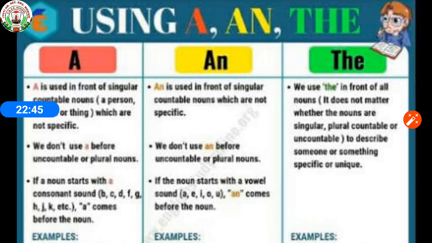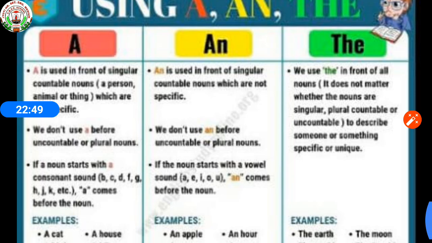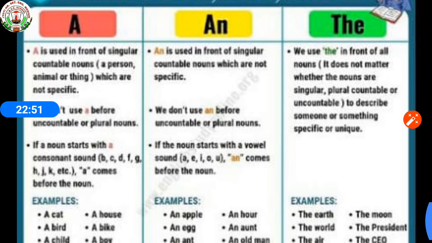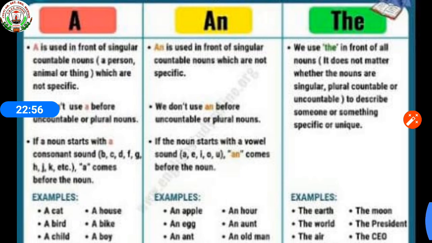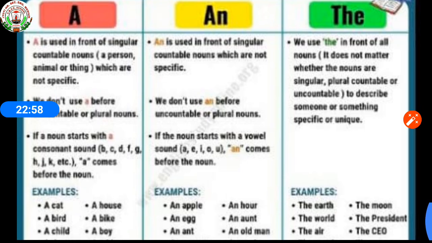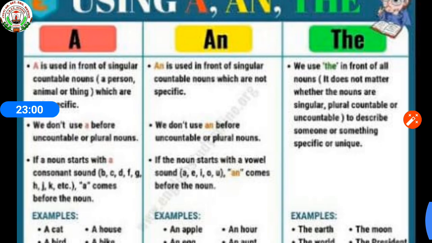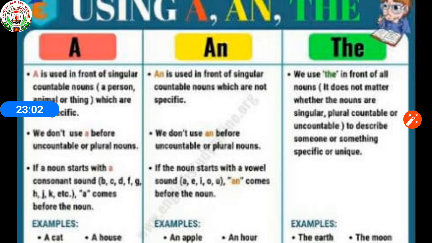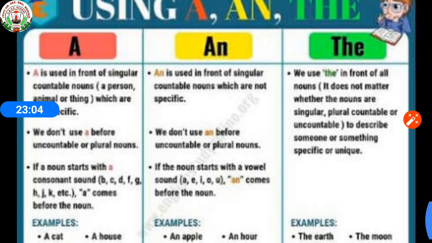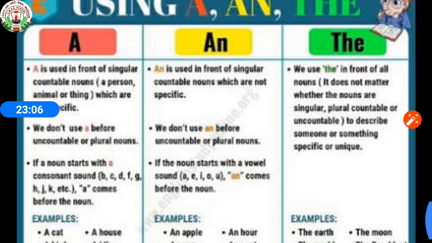A and an are indefinite articles. The is the definite article. A is used in front of singular countable nouns, a person, animal or thing which are not specific. We do not use it before uncountable or plural nouns.